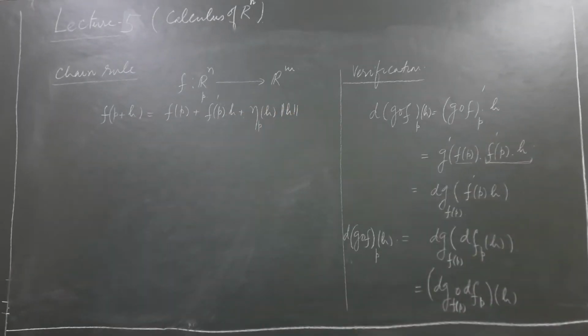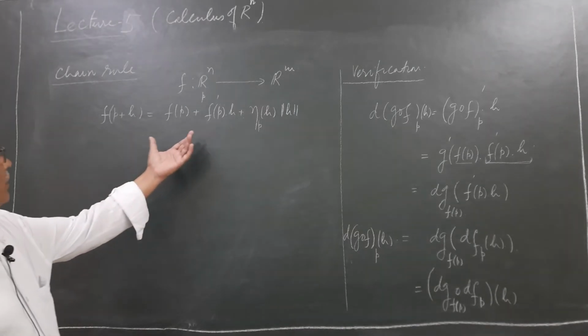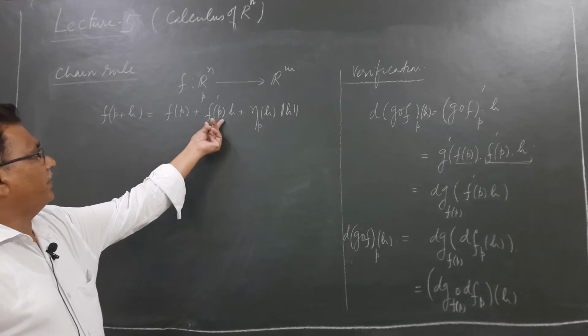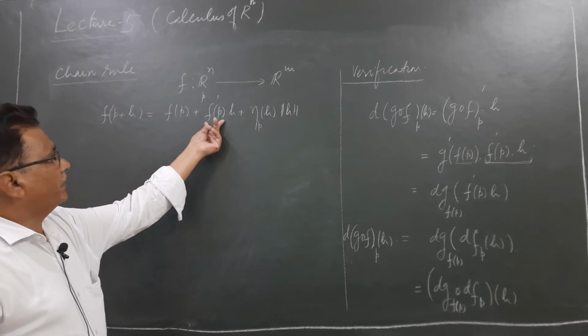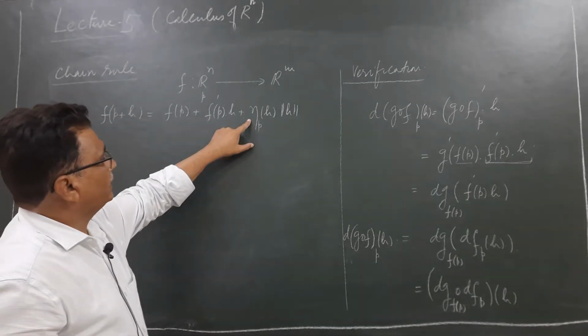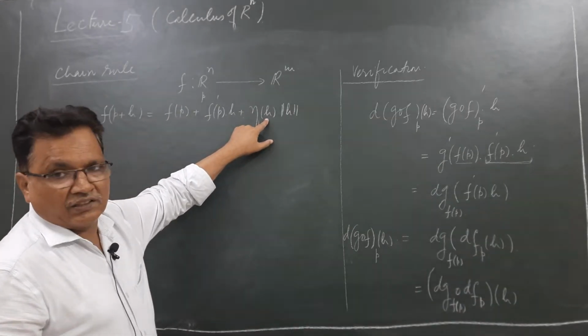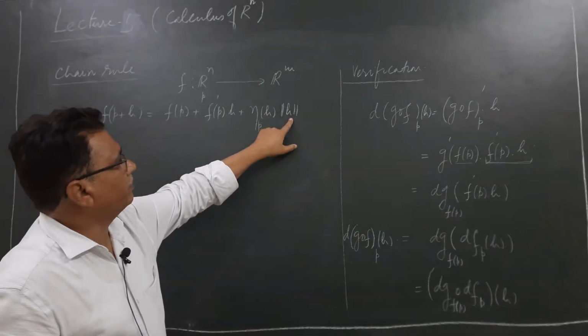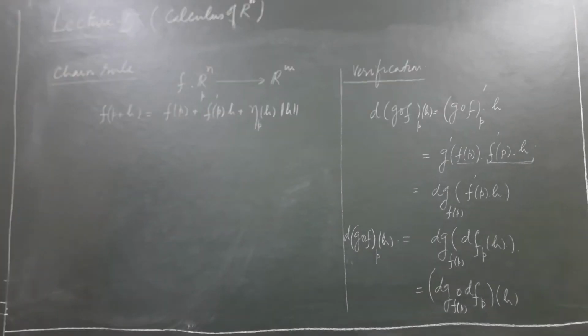This is now our definition for a differentiable function. f will be differentiable if this formula holds, where f dash P is an m by n matrix, h is a vector of R^n, and eta_P is a function continuous at 0, multiplied by the norm of h.